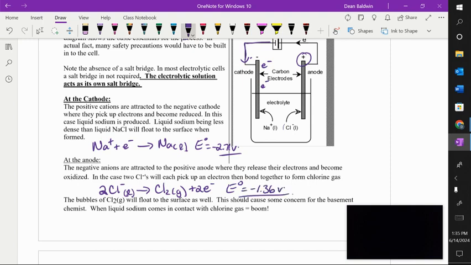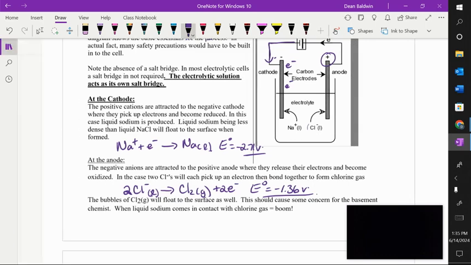The E naught of that is negative 1.36. And I'm getting these numbers from your data package.